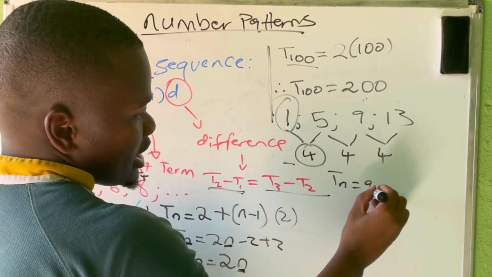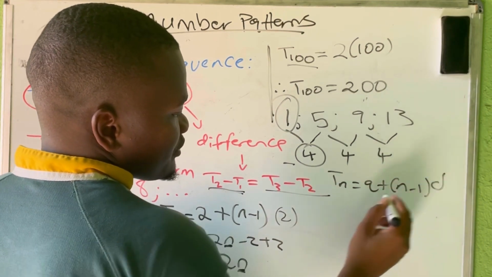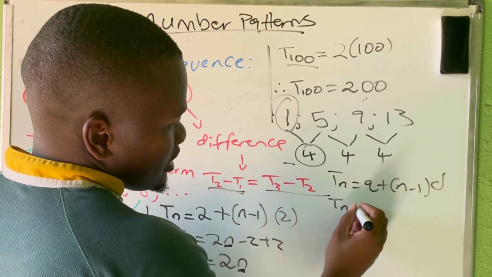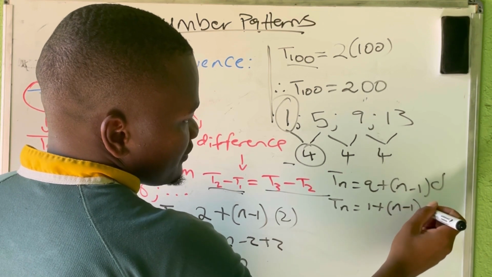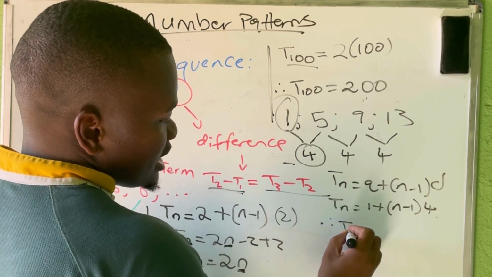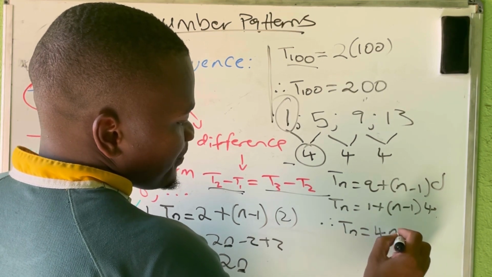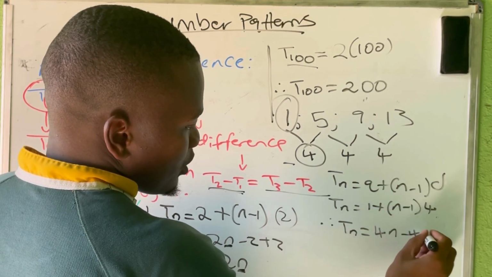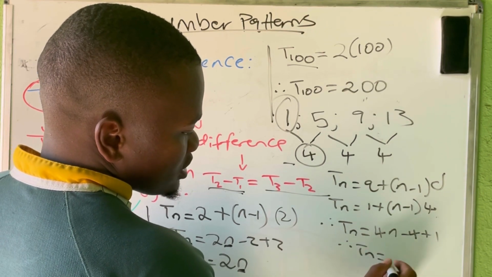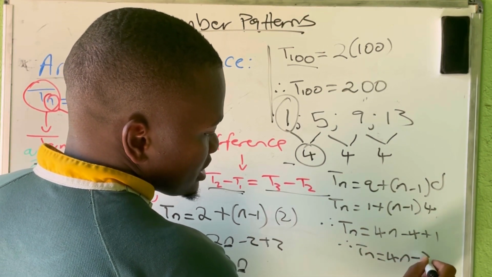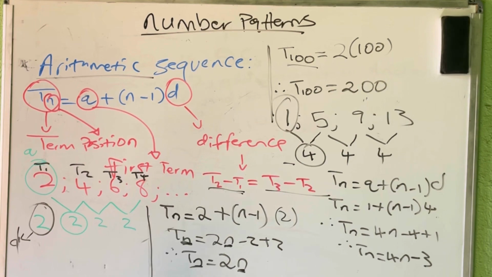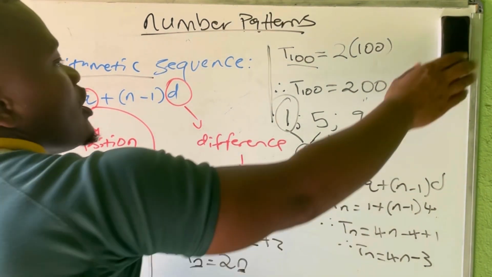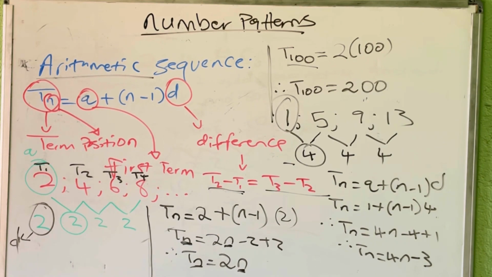So Tn equals a plus n minus 1 times the difference. So Tn equals first term 1 plus n minus 1, your difference is 4. Therefore, Tn equals 4n minus 4 plus that 1. Therefore, Tn equals 4n minus 3. Okay? So from there, you can get whatever term you're looking for. So that's it. Now we can move to the geometric.